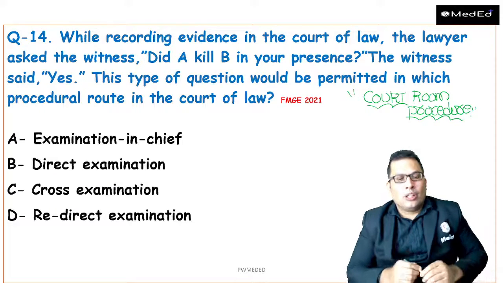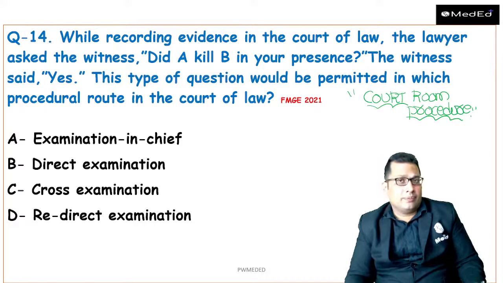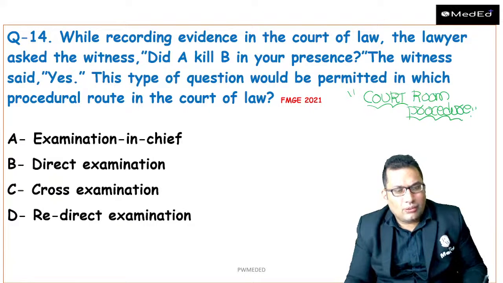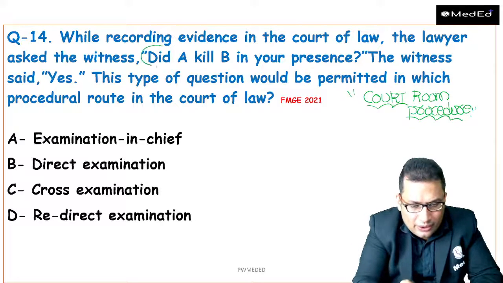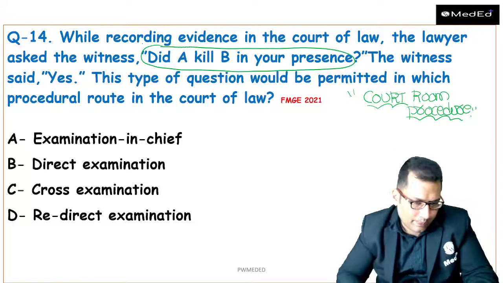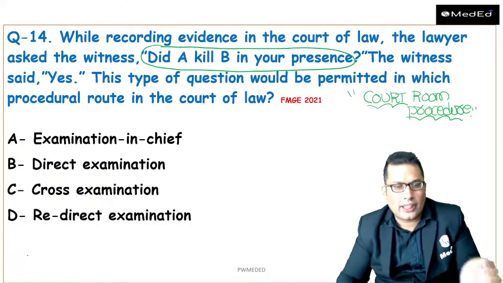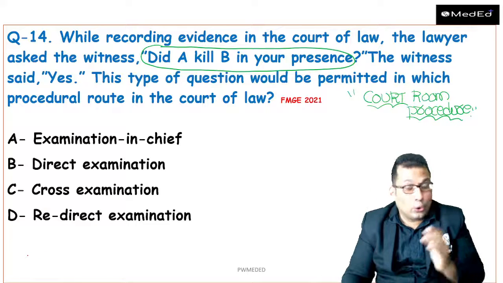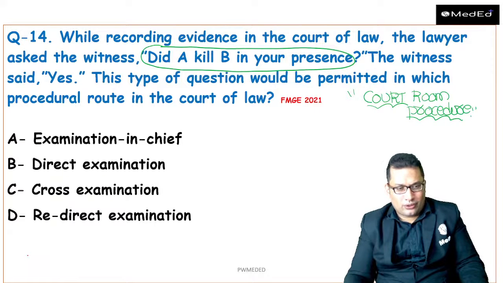Okay. While recording evidence in the court of law, the lawyer asks the witness, did A kill B in your presence? Get the question. That means it is a yes or no type of question.